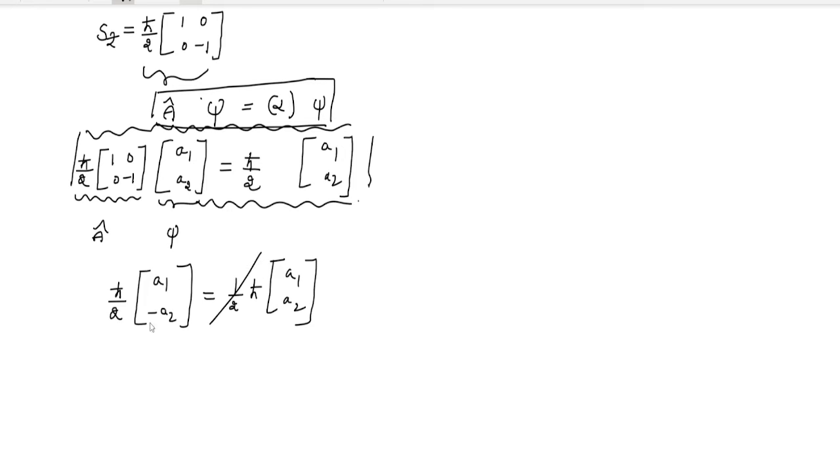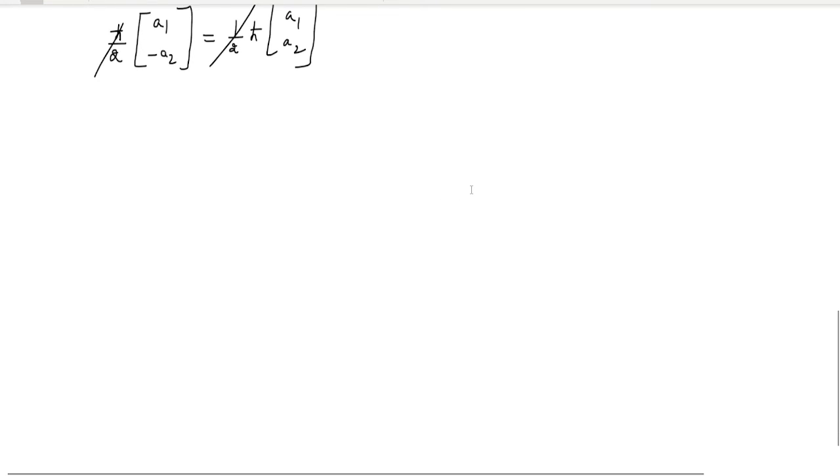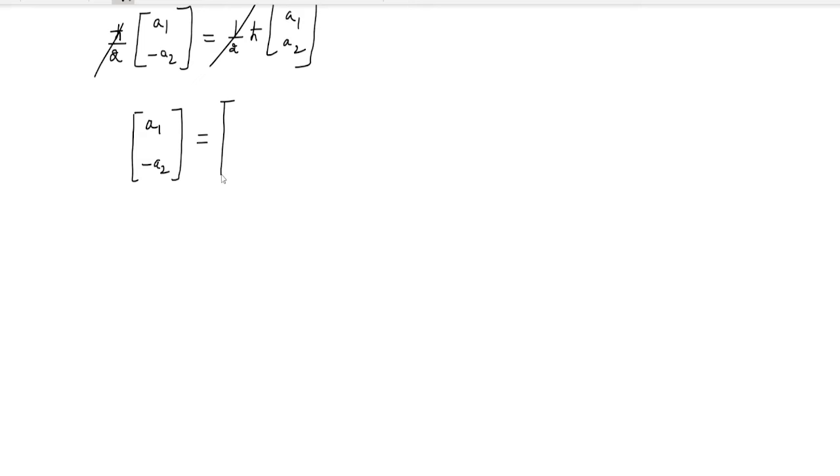Both are the same, so they cancel. So we get A1, minus A2, equal to A1, A2.